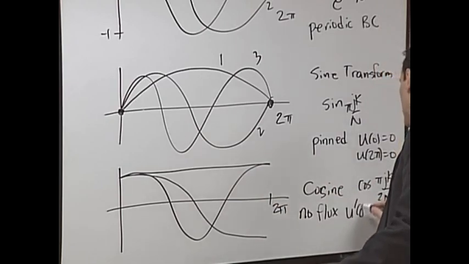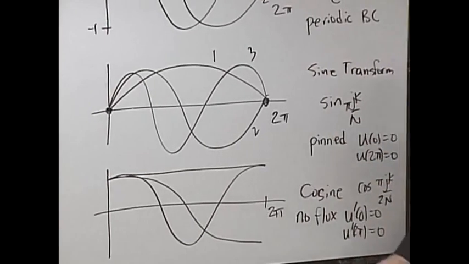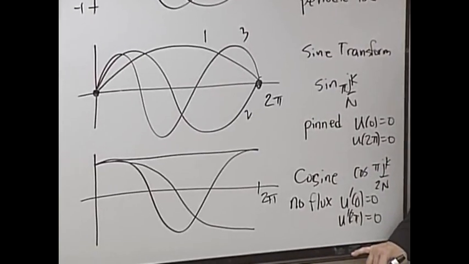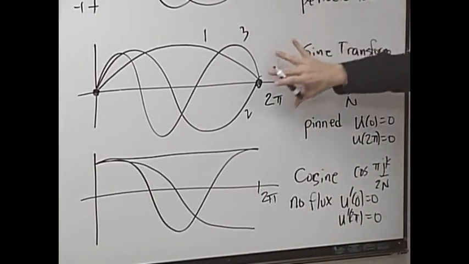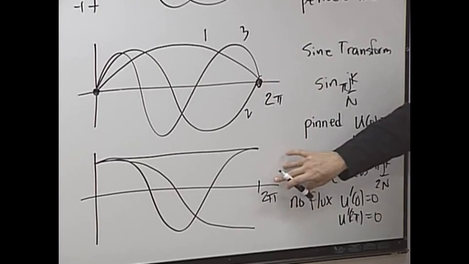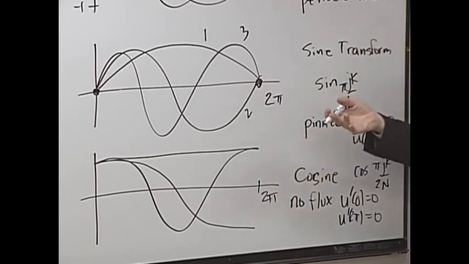So the derivative is 0. Sorry, I'm writing way down on this board, but I had to put all three stacked up or else it wouldn't look nice. So you go: periodic, pinned, no flux. There's a reason you choose different versions of this transform.